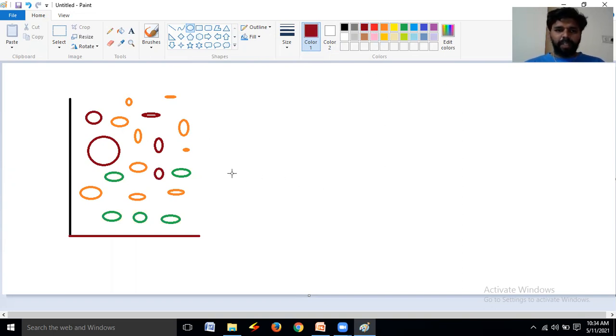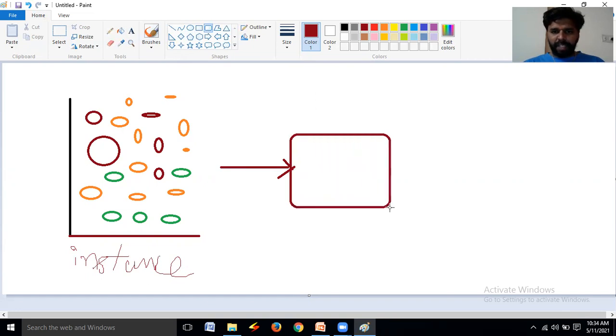Here, what we are applying is a decision tree. This is the instance space.